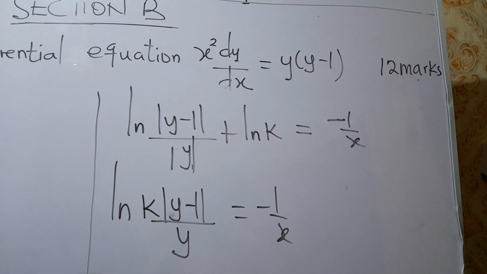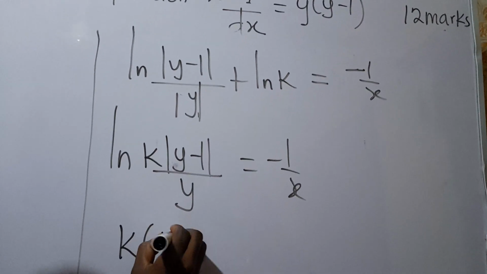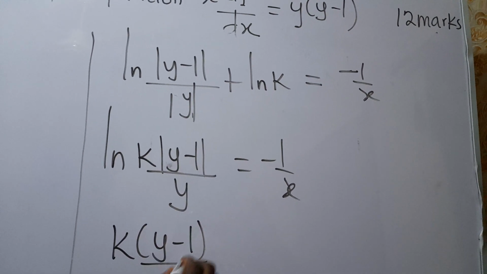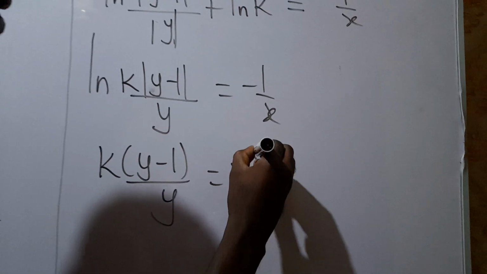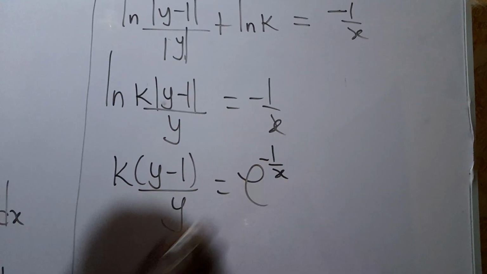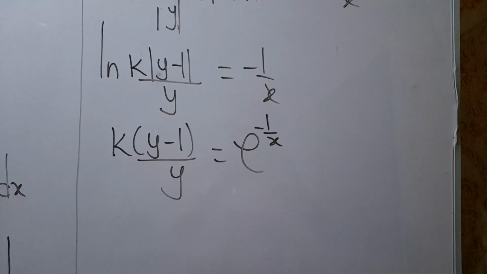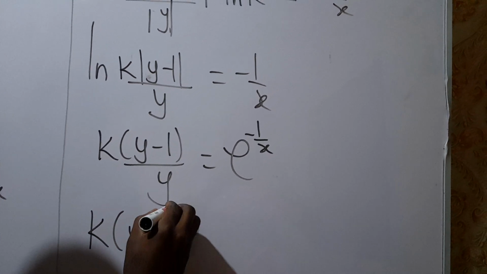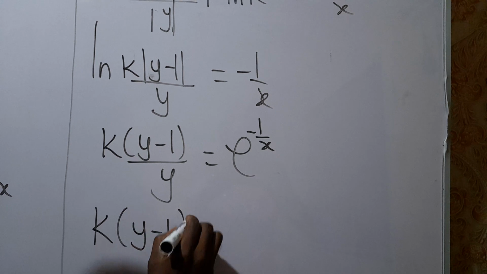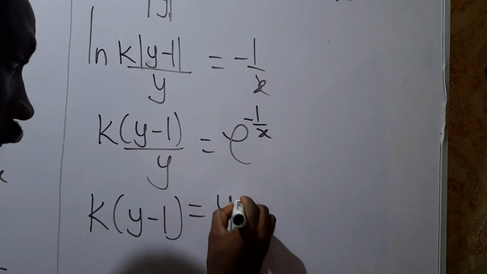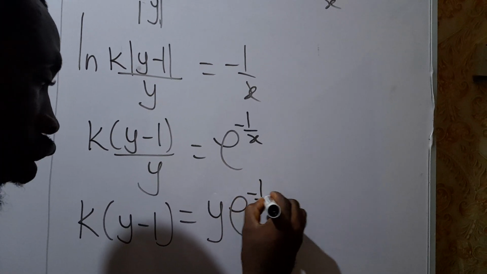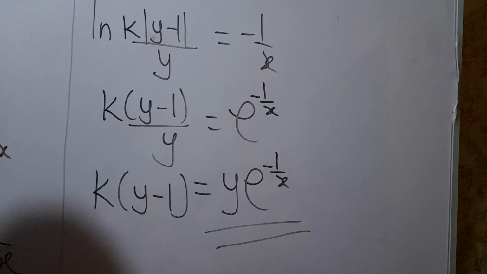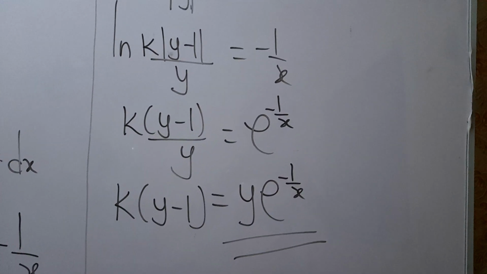So we can say this is k times y minus 1 over y is equal to e exponent negative 1 over x. That is the property of log. So you can set k bracket y minus 1 will be equal to y e exponent negative 1 over x as our final answer. This is worth 12 marks.